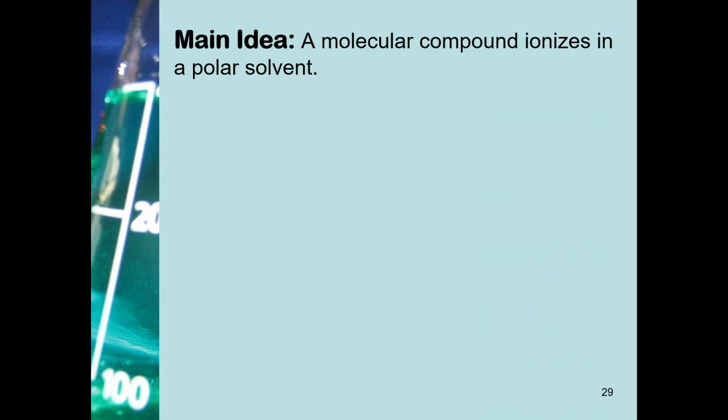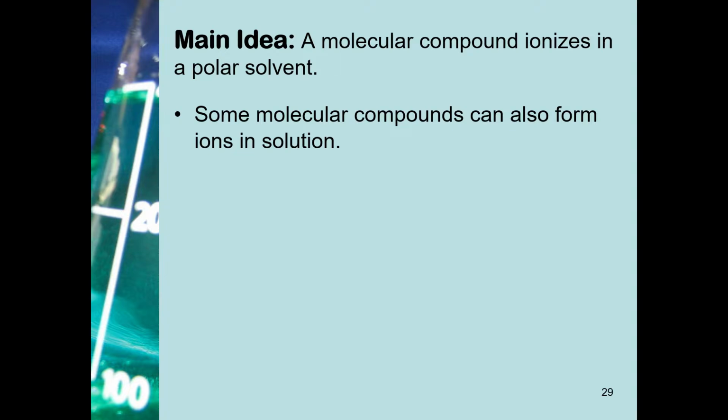The next idea is molecular compounds ionize in a polar solvent. So up to this point we've been talking about ionic compounds dissociating, and when they dissociate, ions that were already combined are just separated from each other. Here we have a molecule that has no ions, but the polar solvent will pull it apart and form ions.